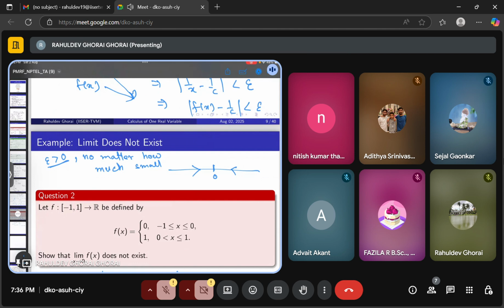Whenever f(x) is approaching L, that should happen when x is approaching a, right?